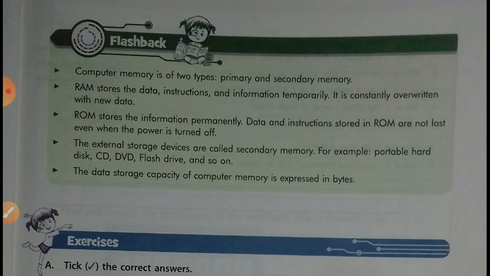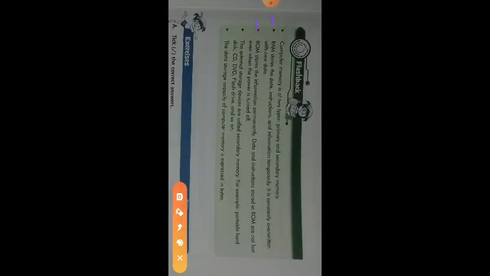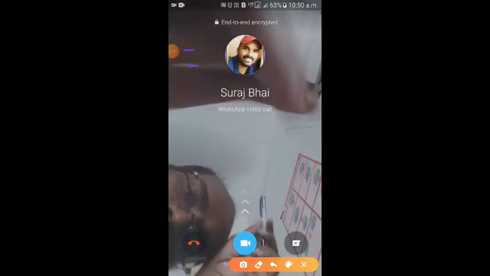The second flashback is RAM stores the data, instructions and information temporarily. It is constantly overwritten with new data. And the third flashback is ROM stores the information permanently.